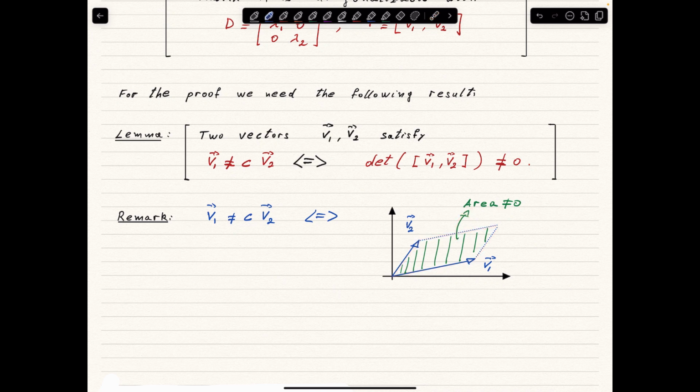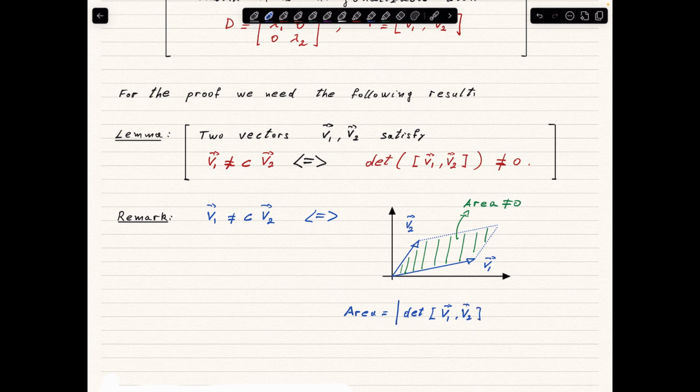But we have seen that this area is actually the absolute value of the determinant of a very particular matrix, given by these vectors as columns of the matrix.